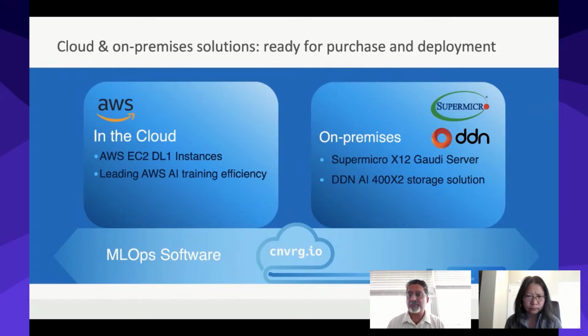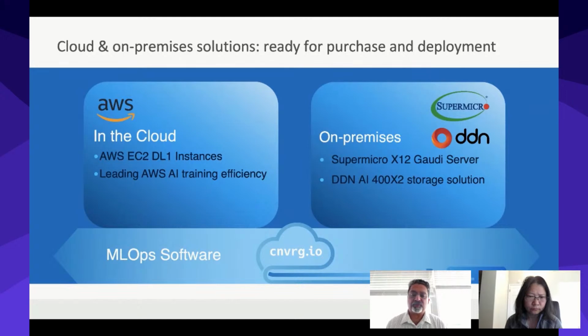For those of you who are operating in environments where you have your own data centers and your own servers, we work with Supermicro to sell on-premise servers, each of which has 8 Gaudis. And for those of you who might want to try before you buy, Supermicro also offers a kind of cloud experience where you can evaluate Gaudi servers before you actually buy one and install it on premise.